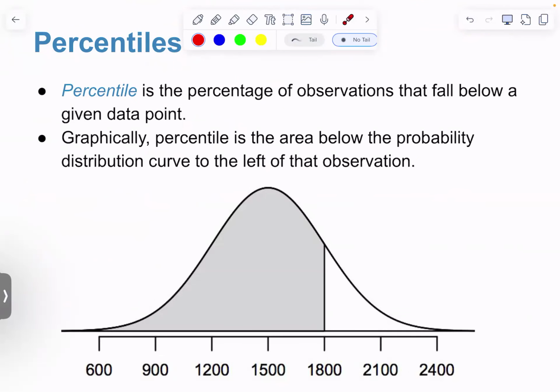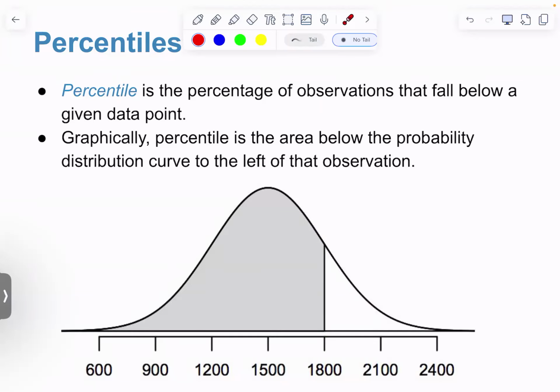My rant leads us to percentiles. Well, there was no segue. Percentiles, here we go. We already said that the area under the curve is a probability, and a probability is a proportion, which is a percentage. And so a percentile is going to be the percentage of observations that fall below a given data point.